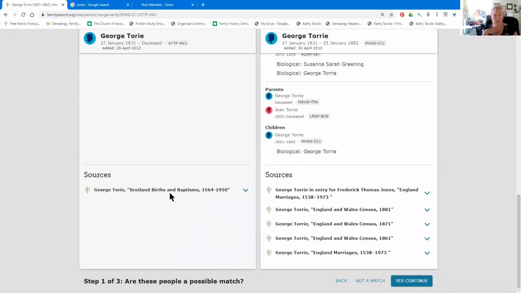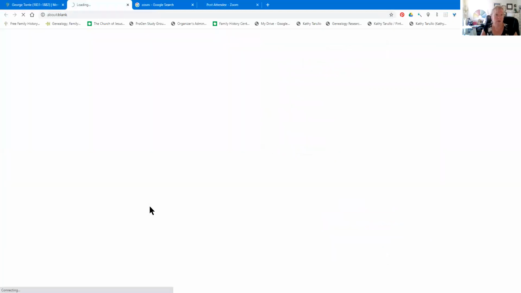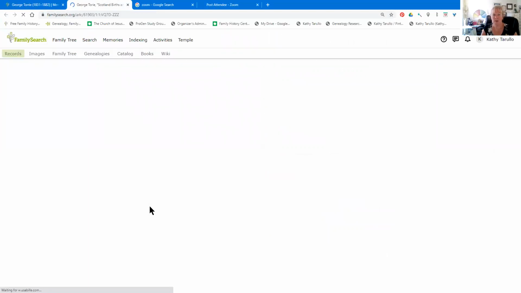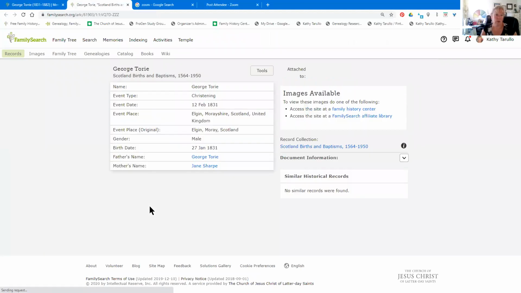This record has one source. It is a baptism record, and I can click on it and go out and look at it to see if it looks like it's my same guy or not. And I could have looked at all of the sources for my original George Torrey this way as well.